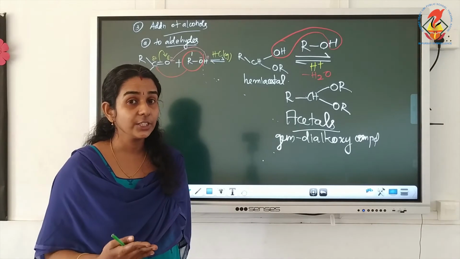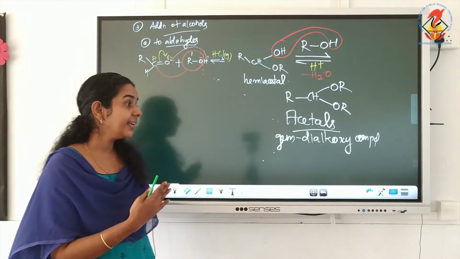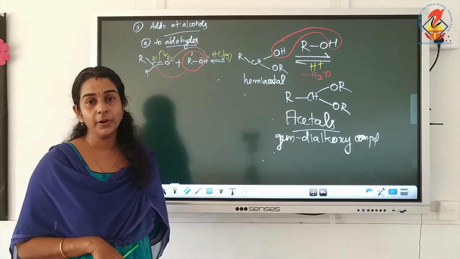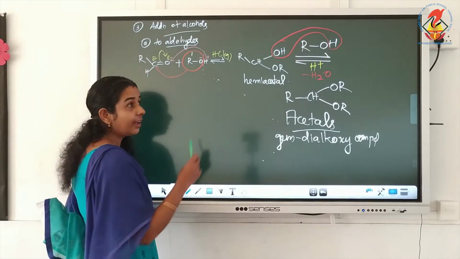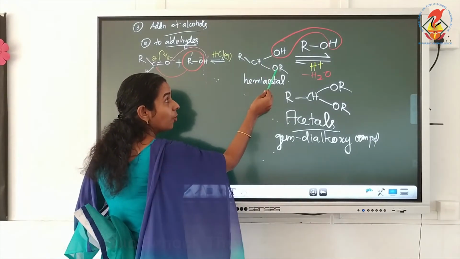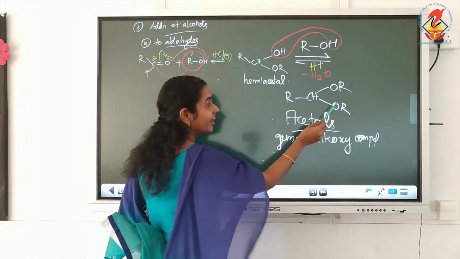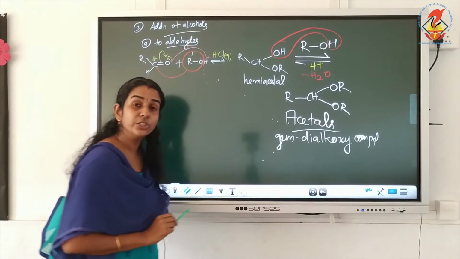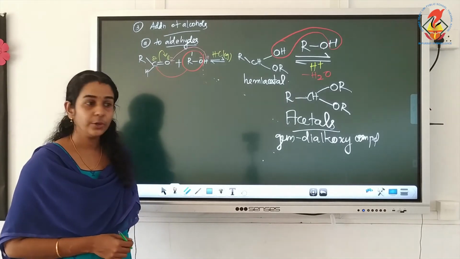And if it is reacting with 2 molecules of alcohol, we are getting geminal dialkoxy compounds called acetal. And what are hemiacetals? They are alkoxy alcohols. What are acetals? They are dialkoxy or geminal dialkoxy compounds. Okay.